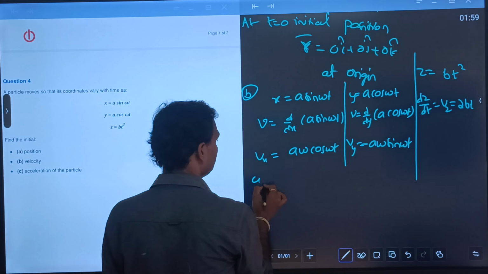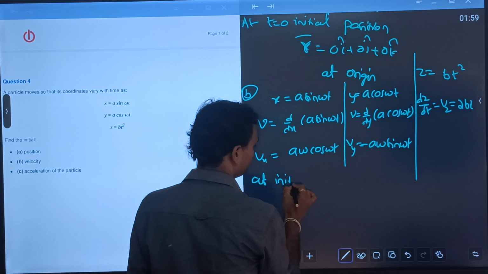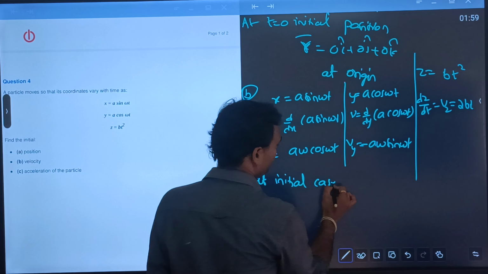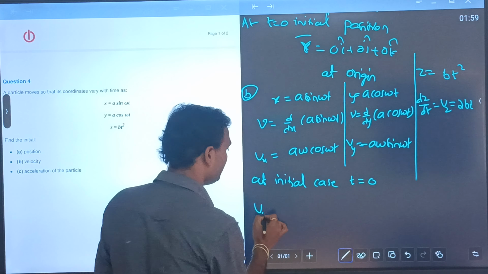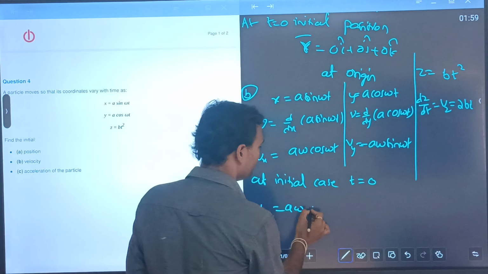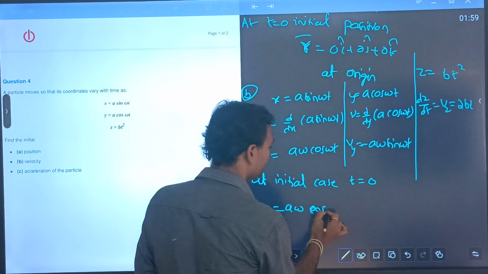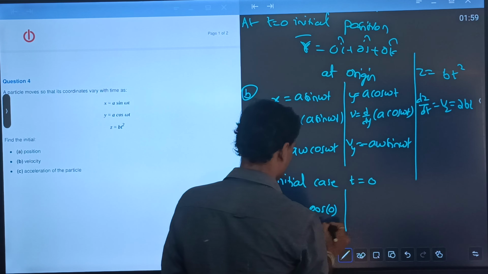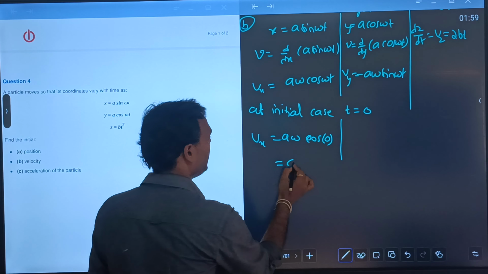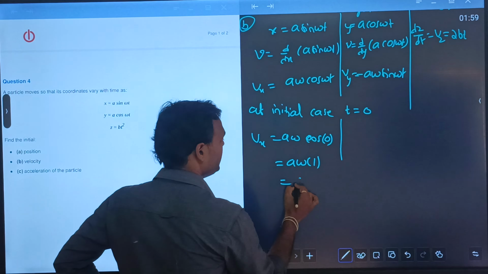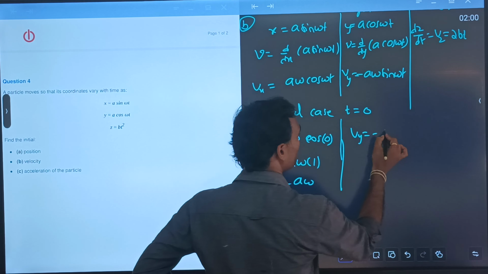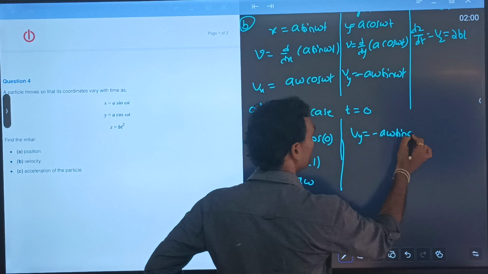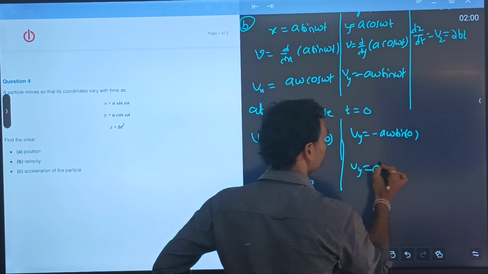Now at the initial position, t equals 0, so vx equals a omega cos 0, which equals a omega times 1, so a omega is the vx value. Similarly, vy equals minus a omega sin 0, which equals 0.